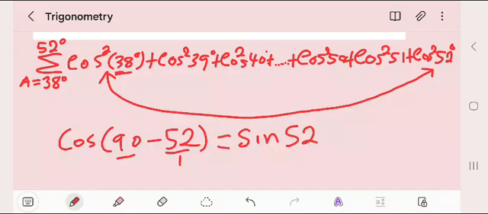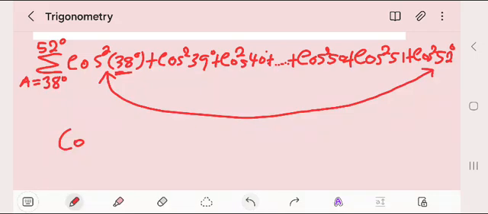So what I'm trying to say is, as long as they add up to 90, change one. 38 plus 52 adds up to 90. So I want you to check: we took the first one and the last. You see there.